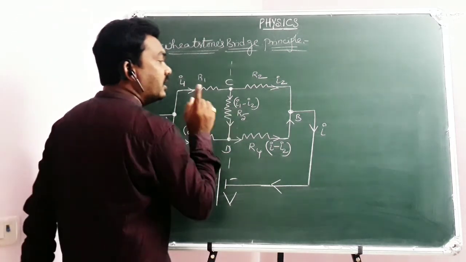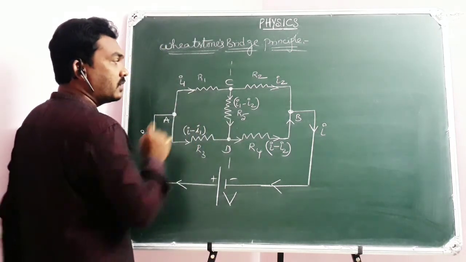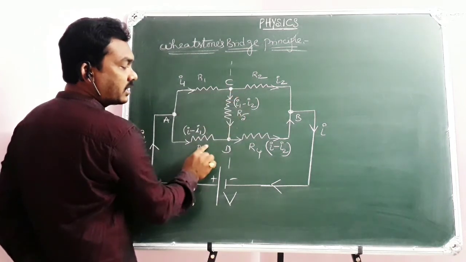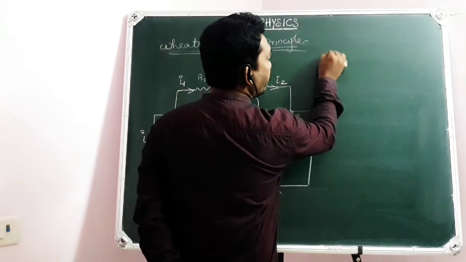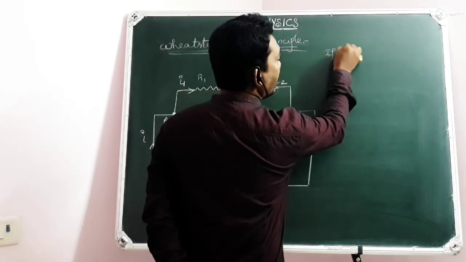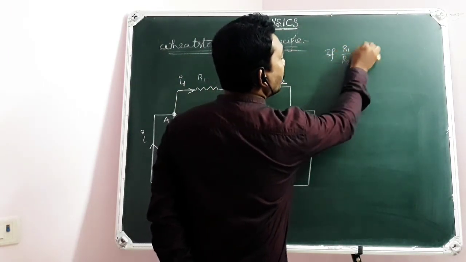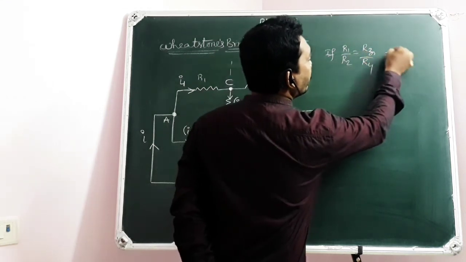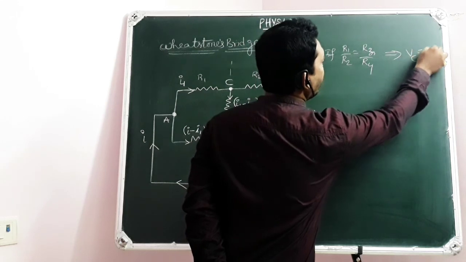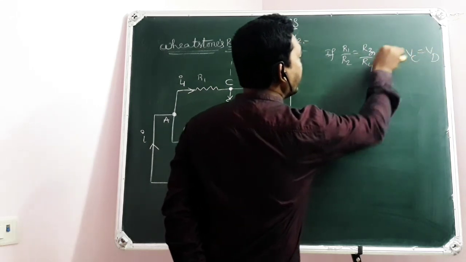Yes. Here, what is the Wheatstone-Bridge principle? If R1 by R2 equals R3 by R4, then C and D will be at the same potential. If R1 by R2 equals R3 by R4, then VC equals VD, which is a two-way implication.